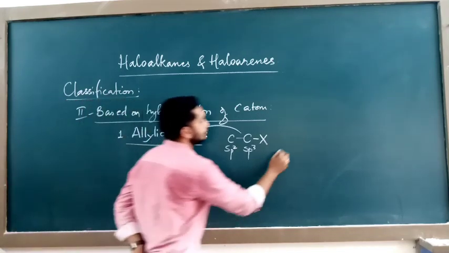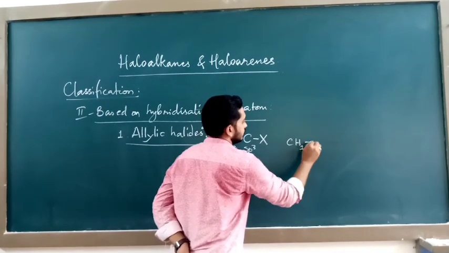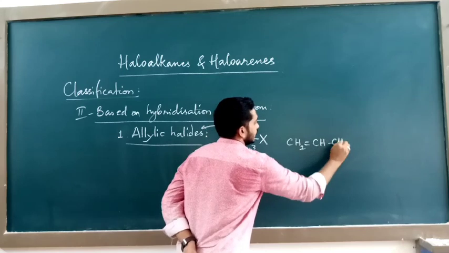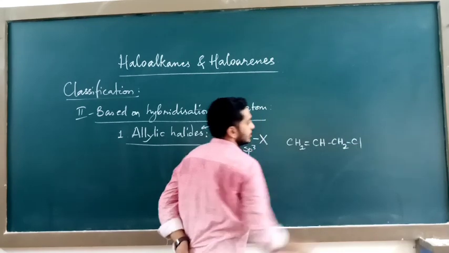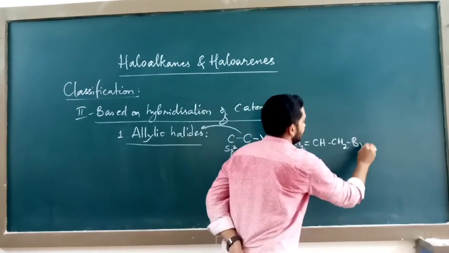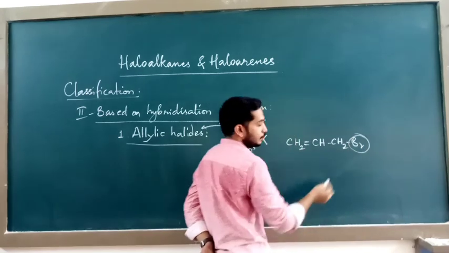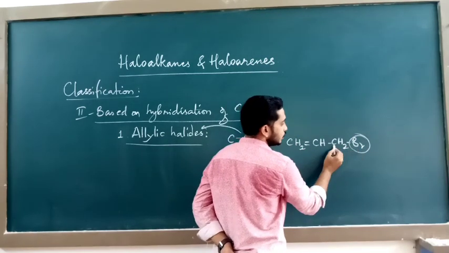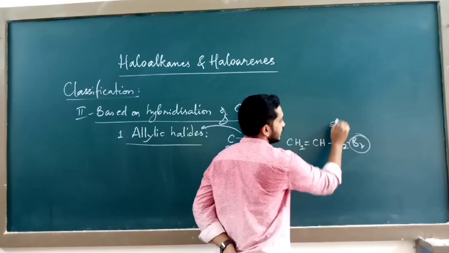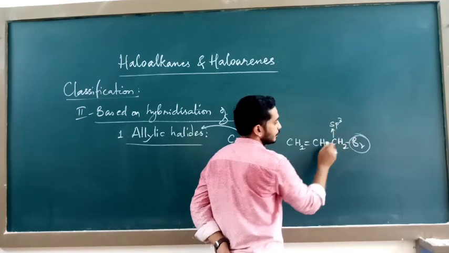More specifically, in this example, halogen bromine is attached to a carbon whose hybridization is sp3, which is a single bonded carbon.